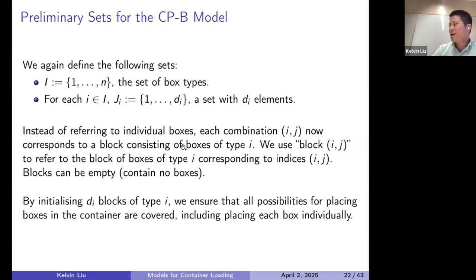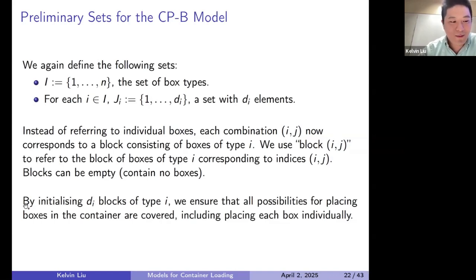I will mention that blocks do not necessarily actually contain any boxes, so it's possible for blocks to be empty, and in fact, it's very likely that they would be. Since there are only Di boxes of type I, if one of the blocks Ij contains more than one box, then some other block will have to contain 0 boxes for it to all add up to something less than Di.